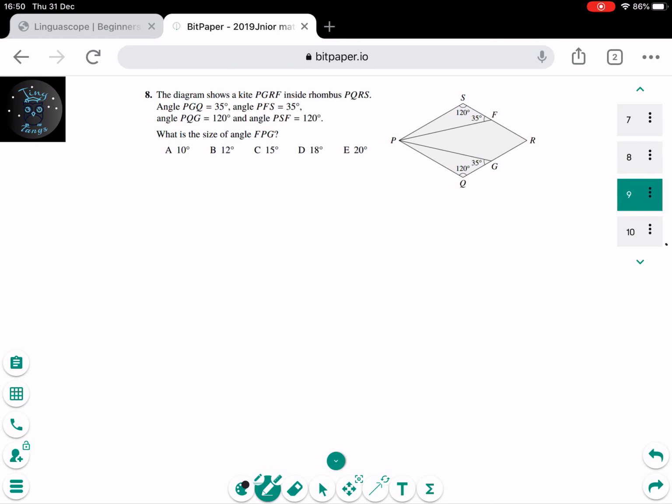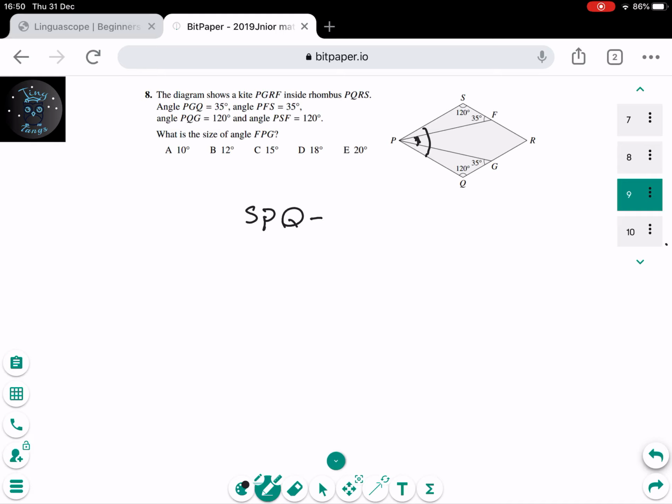Now for the ninth question, it's an angle question, and it might seem a bit confusing. In order to solve this, we need to find out what this angle is, angle SPQ.